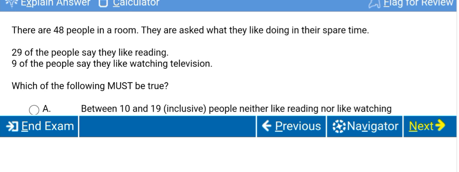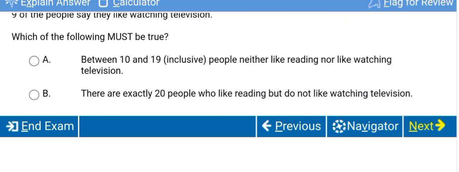Option A, between 10 and 19 people neither like reading nor like watching television. Option B, there are exactly 20 people who like reading but do not like watching television.